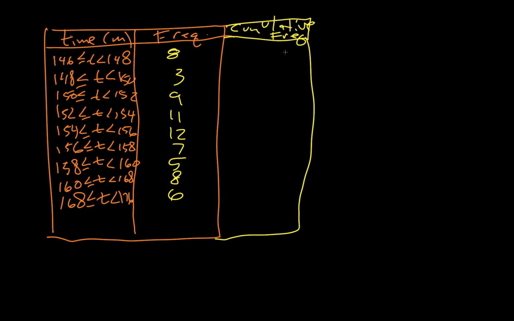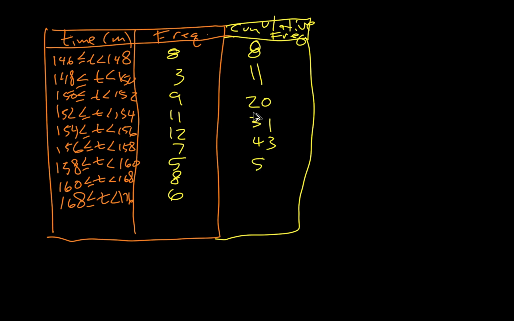So the first one's still going to be 8. But then since this is 3, we're saying at this point in the race, 11 people have finished. Then we add the 9, we get 20, add that, 31, 43, 50.